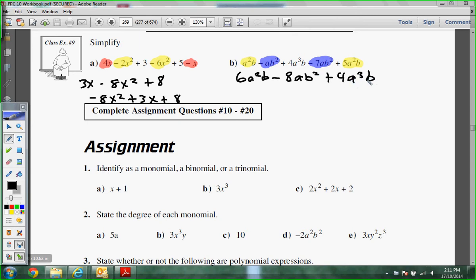That's as simple as it gets. For descending order, it depends what variable you want to use. If I want descending with a's, I put the a cubed first, then a squared, then a to the first, like that. That would be descending order in terms of a. Okay, that was just the review, preview, hopefully.